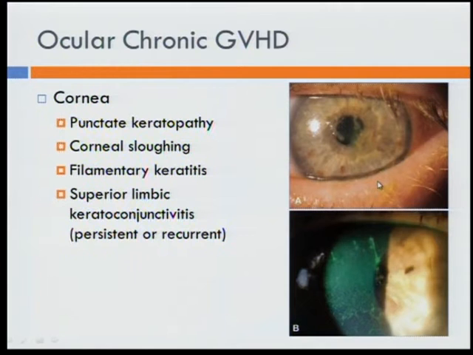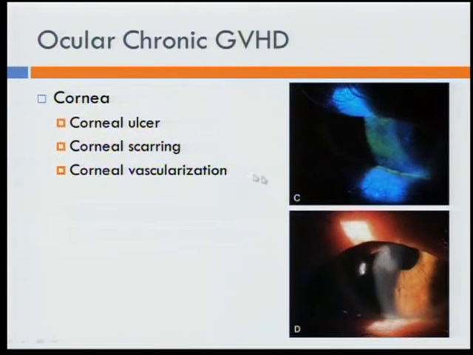Patients who have corneal involvement are at great risk for corneal scarring and eventual perforation. They can present with a punctate keratopathy as the early signs of dry eye, and then secondary corneal epithelial sloughing. Classically, we see filamentary keratitis in patients with loss of goblet cell formation, and we can see superior limbic keratoconjunctivitis in some of these patients.